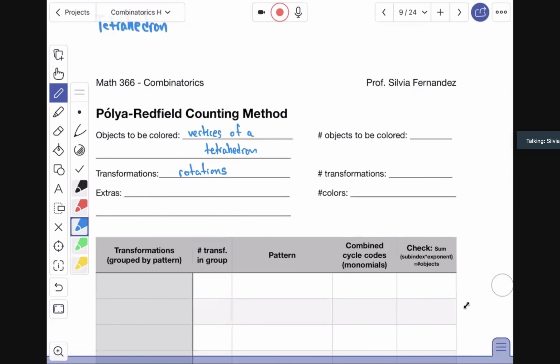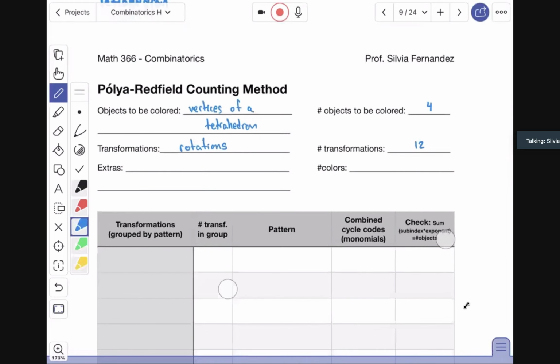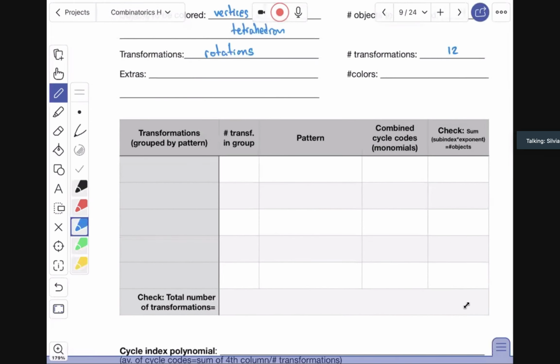The tetrahedron has 4 vertices, so I have four objects to color, and I have 12 transformations. I'll tell you what they are. So I have the identity, and the rest depends on the problem. But let me focus on this part. So I have the identity, as usual. And then for the tetrahedron, I have this type of rotations where I'm just kind of spinning from the top, right?